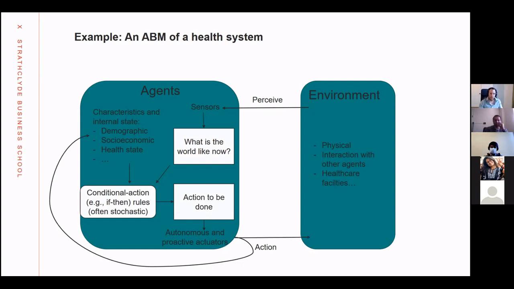And they also potentially change the environment, right? If an agent visits a healthcare facility, that increases the line at the healthcare facility, meaning that there's less time to see other patients or something along those lines. So that's how these different feedback loops occur. And from these interactions between agents and the environment, we have emergence.